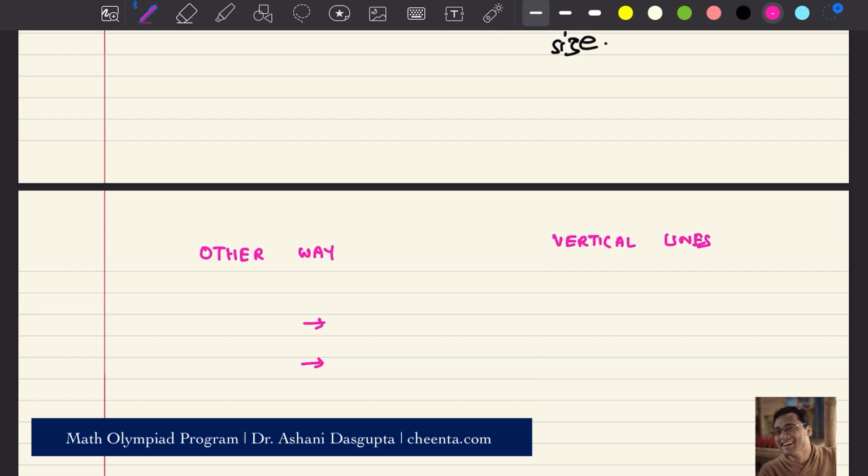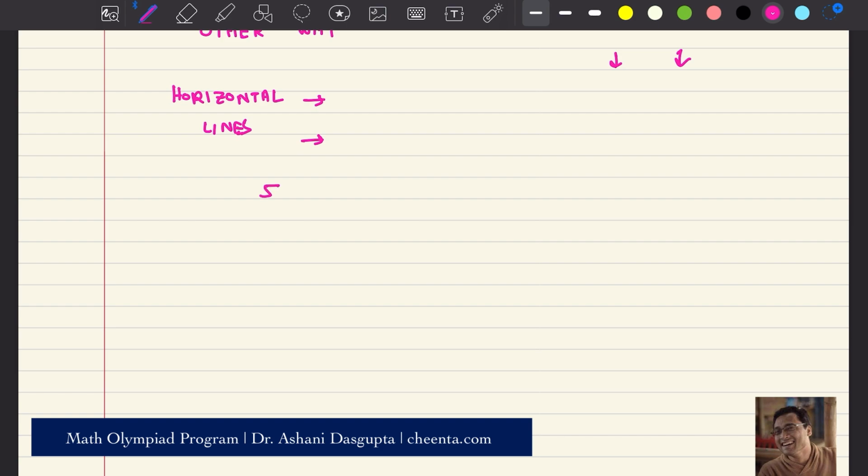You just choose 2 of them. Each time you make such a choice, you are actually creating a rectangle. So out of 5, choose 2 horizontal lines, and here also out of 5, choose 2 vertical lines.